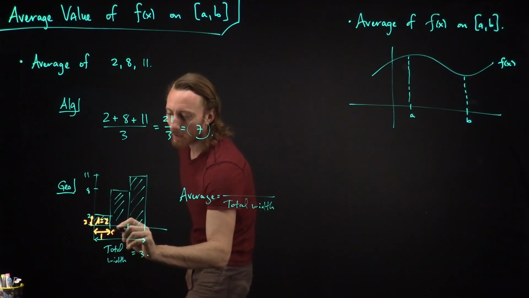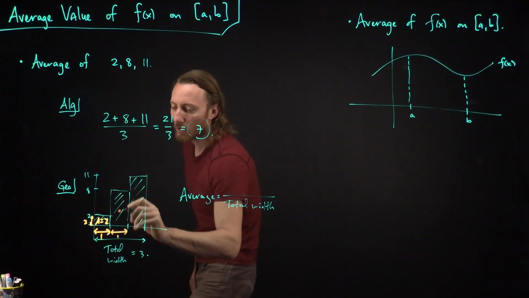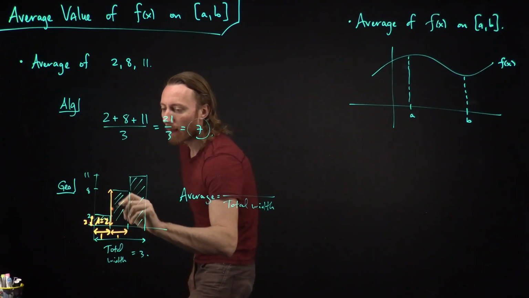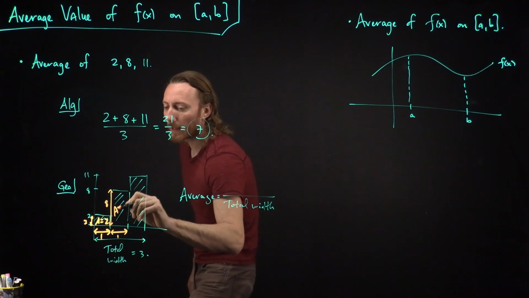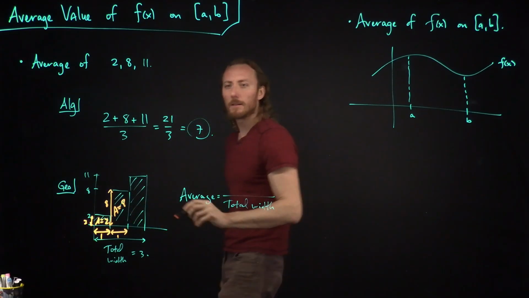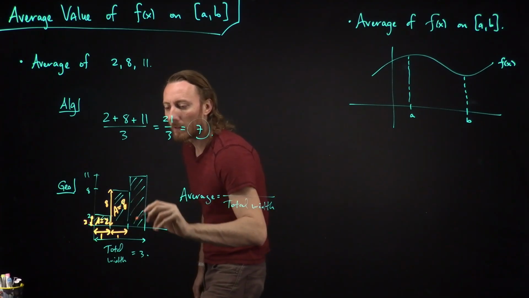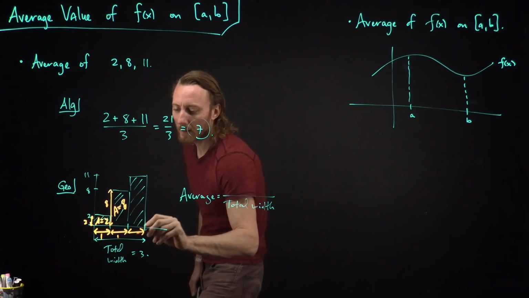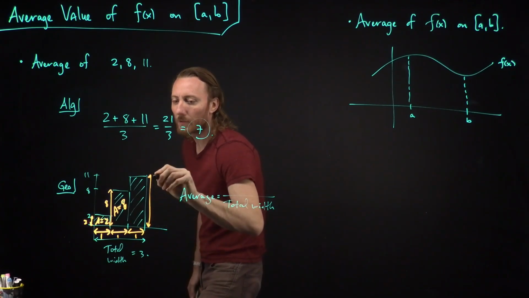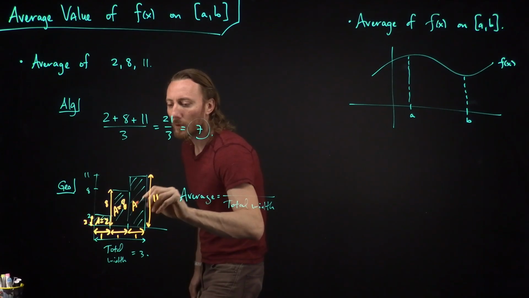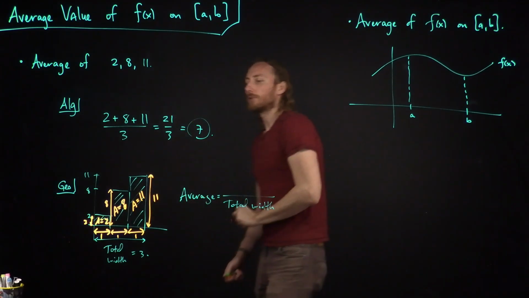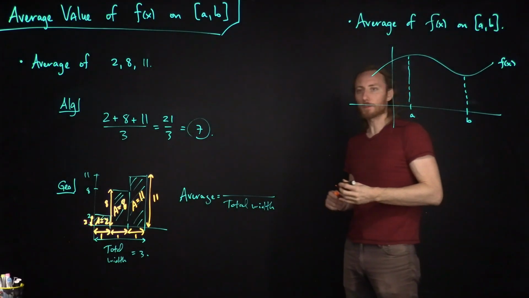This next bar is also 1 unit wide, but it is 8 units tall, so the area here is 8. This last bar is also 1 unit wide, but now 11 units tall, so its area is 11. Just take length times width for each of those bars.